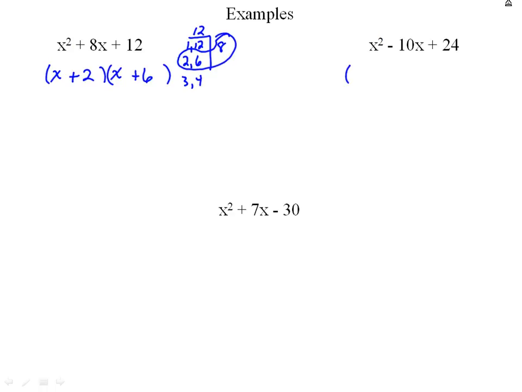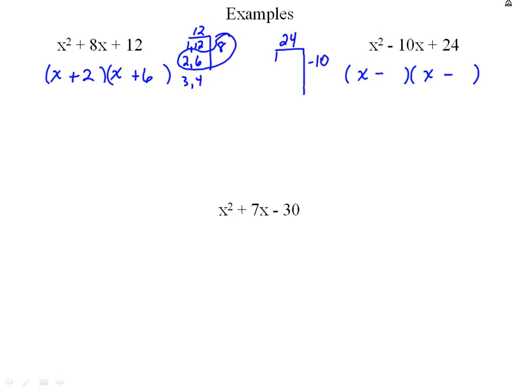Okay, let's go over here. Open up two sets of parentheses. The signs are going to be negative and negative. Why? Because that second sign is positive, which tells me the two signs have to match each other and that first sign. Split the x squared into x and x, and then think, what can you multiply together to get 24, but add together to get negative 10?